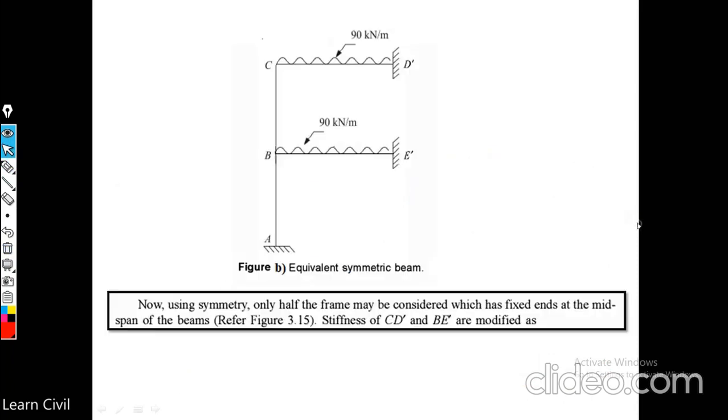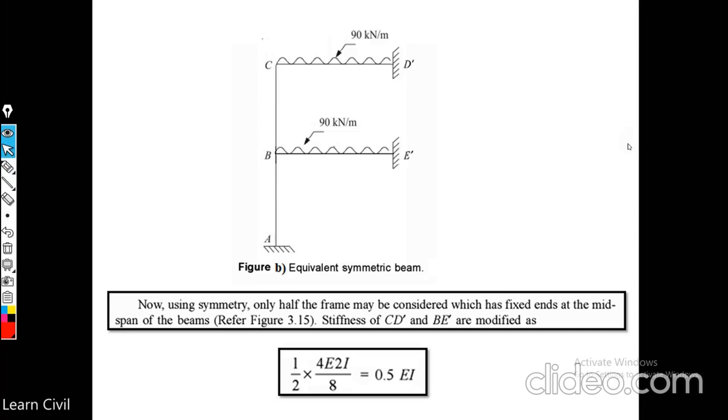Now, when we are solving a problem in which the axis of symmetry is passing through the midspan of the beam, the stiffness of those beams through which the axis of symmetry is passing is modified. The stiffness for these beams is given by half into the stiffness of that particular member.